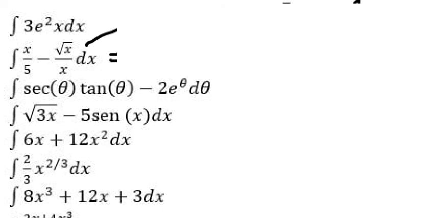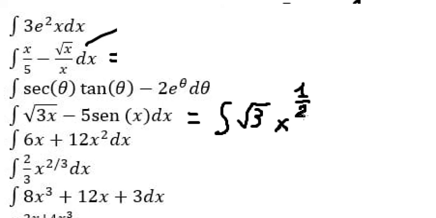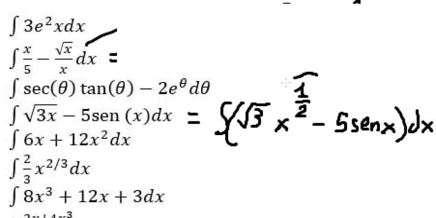Number 3. Now let's go to the next one. This one we can write into the square root of 3, s to the power of 1 over 2, minus 5 sine s. This one we apply the formula.